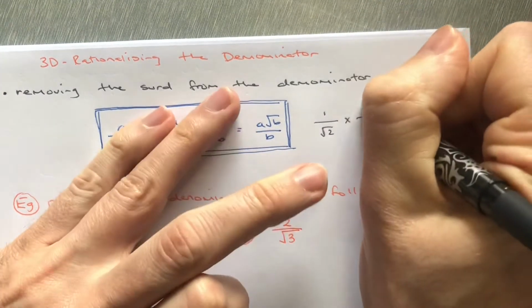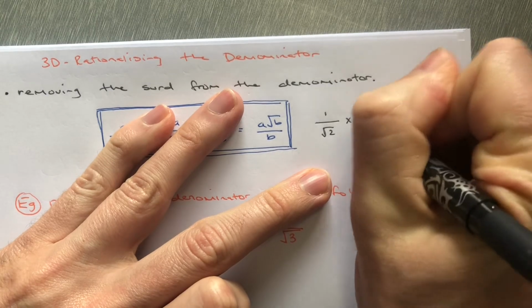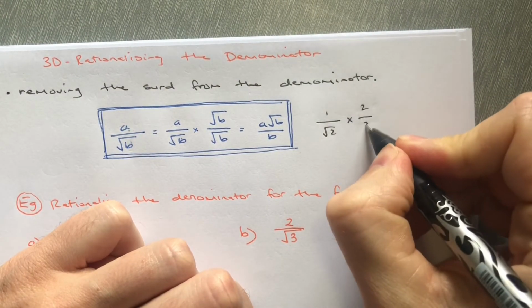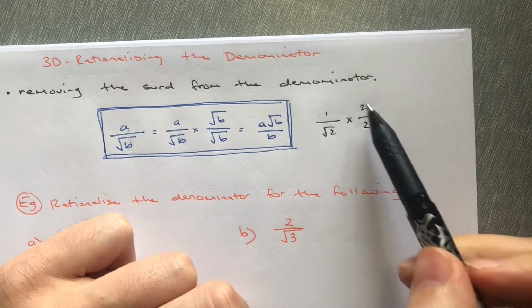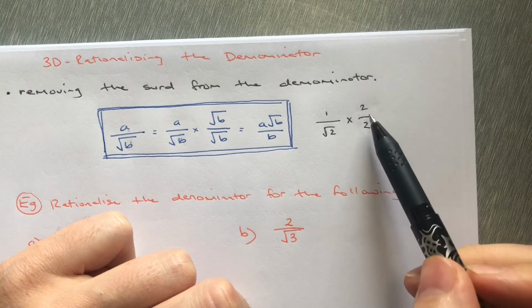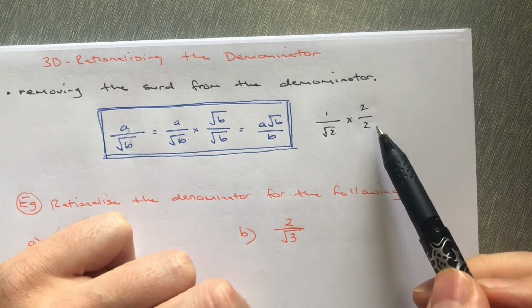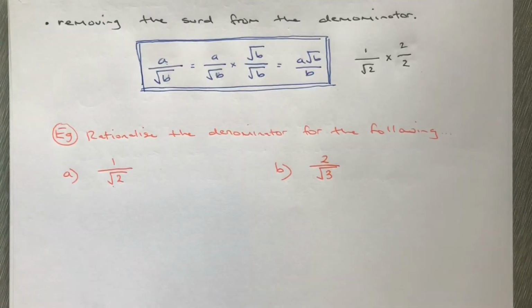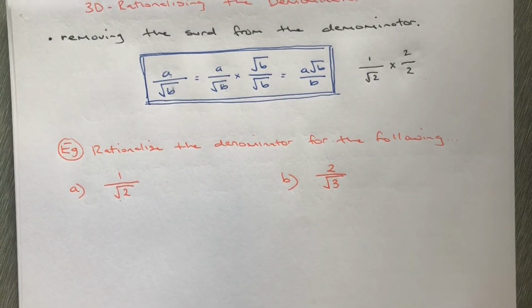How about if I times it by 2 on 2? Again, 2 on 2 equals 1, doesn't it? So I can do this as long as the numerator and the denominator are the same. And that's what we're going to use when we do these two down here.